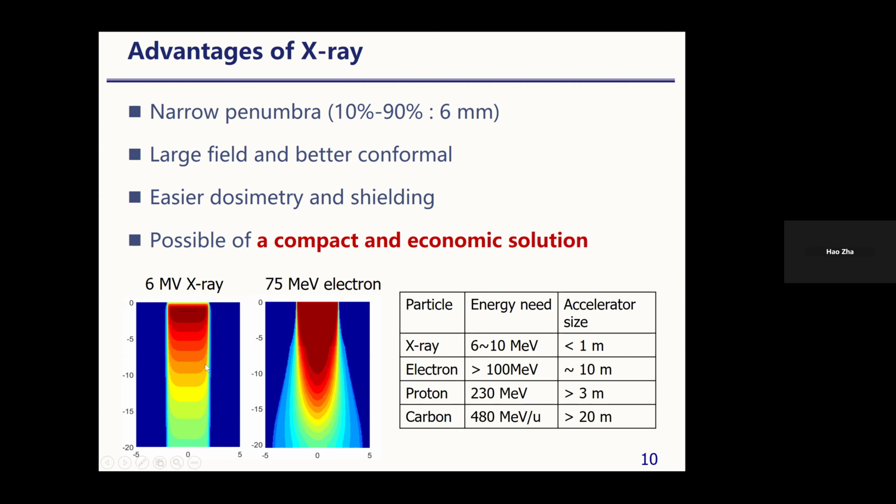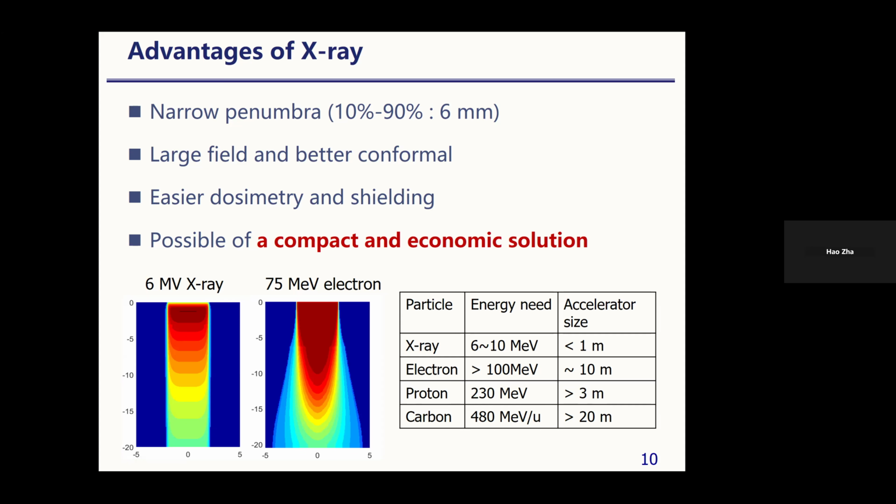But for X-rays, it is very easy. And second, X-rays allow a large field and a better conformal dose rate. For example, if you use electrons or protons, you may need a scanner, for example, pencil beam scanning, PBS. But for X-rays, there's no need for scanning. It generally has a very large field, for example, 14 centimeters.